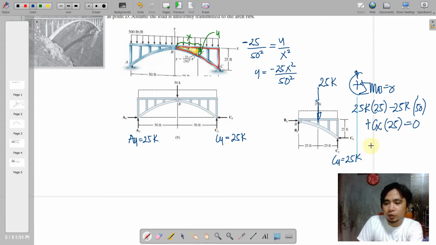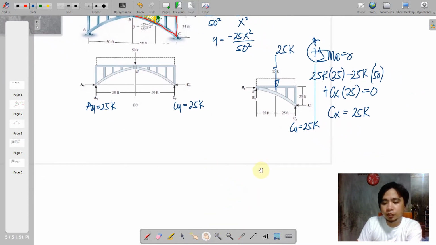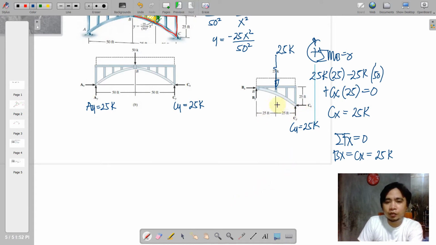So we can now solve CX to be also equal to 25k. By summation of horizontal forces, we can just say that BX is also equal to CX, and that is actually 25 kips or 25,000 pounds.